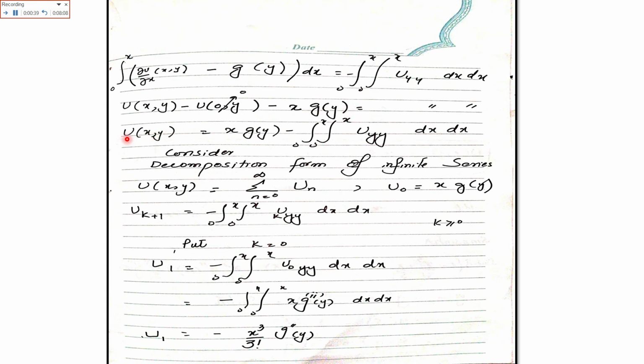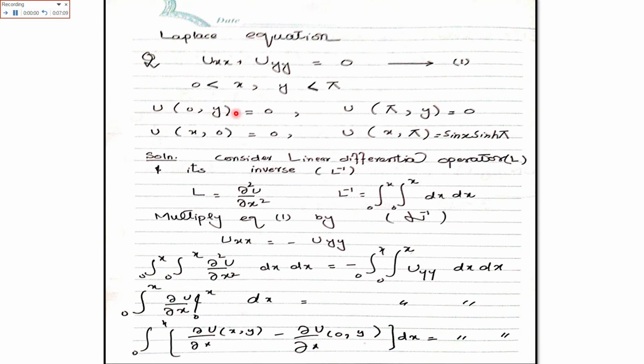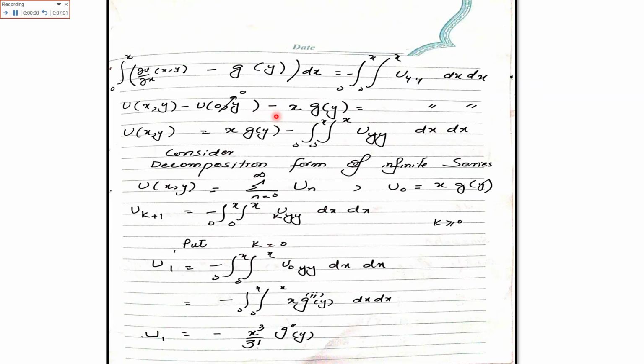Now we have u(x,y) minus u(0,y). u(0,y) equals 0 from the given boundary condition. So minus x g(y) equals this function as it is. Now u(x,y) equals, if we replace this term here, it becomes positive: u(x,y) = x g(y) minus the double integral from 0 to x of u_yy dx dx.